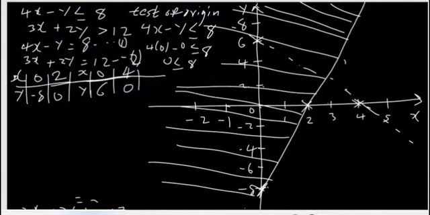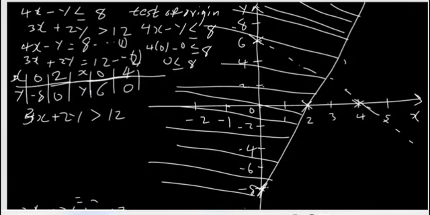For the second equation, we have 3x plus 2y is greater than 12.